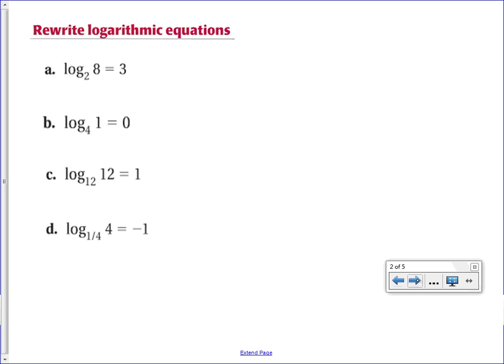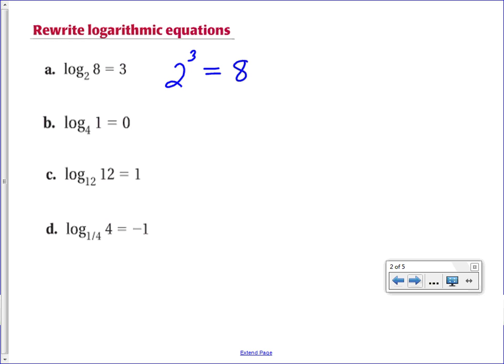The fact that it's log base 2 tells you something very important, that 2 is the base of your exponent. And you'll remember me saying on the previous slide that these are helpful because they get the exponent by itself. Well, what is by itself in this equation? It's the 3, which means the 3 was our original exponent. And 2 to the third power equals what's called the argument, the 8.